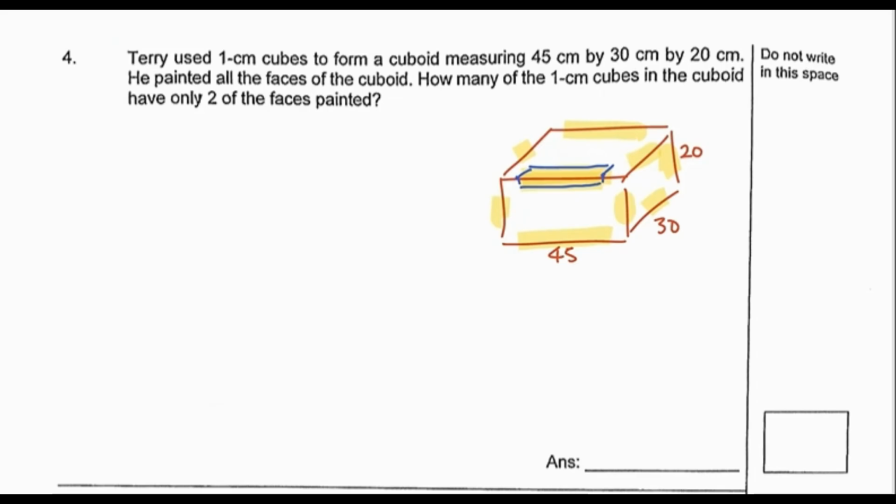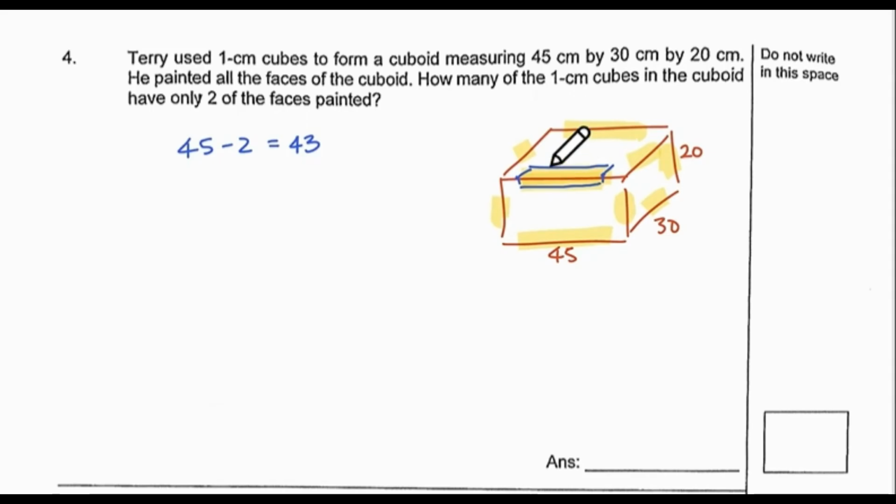That one, the number of cubes would be 45 minus 2. You minus away the 2 corners. 45 cm, every cube is 1 cm. So 45 cm minus 1 minus 1. That's 43.